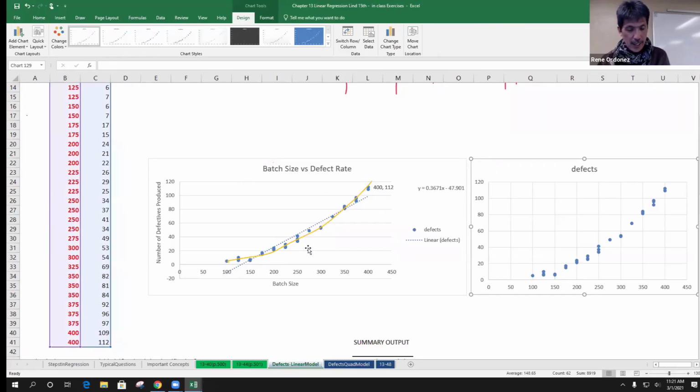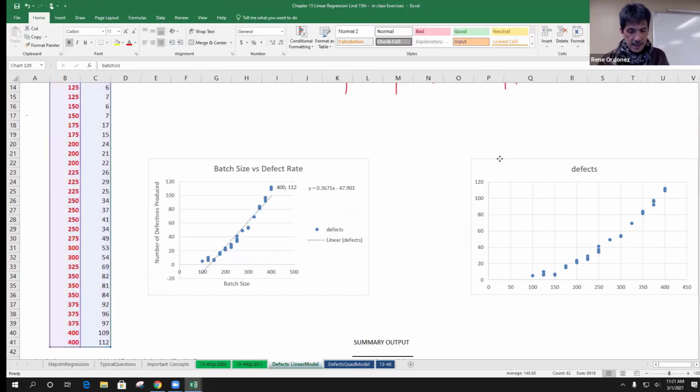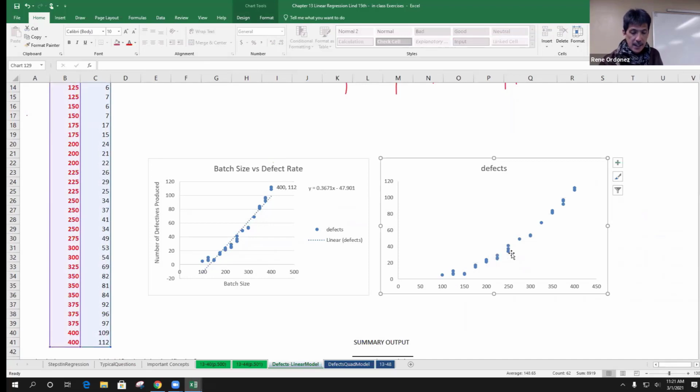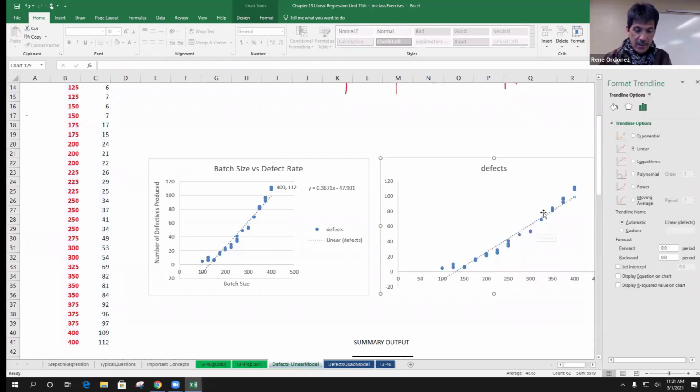I'm not going to include titles. Click on any of the data points, right click, add a trend line, and instead of linear, let us see if exponential would be a better fit.